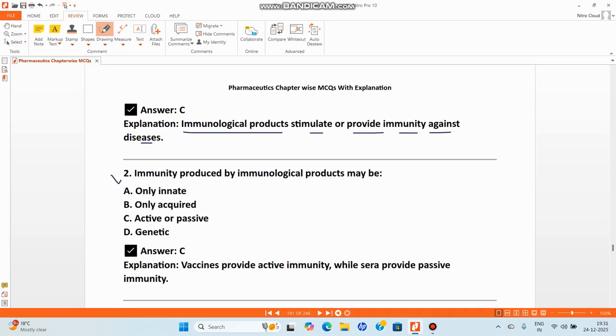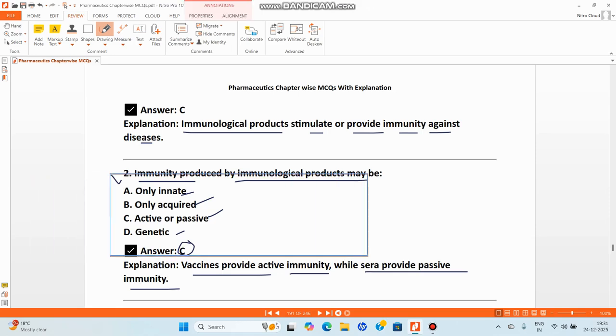Next, the immunity produced by immunological product may be only innate, only acquired, passive, or you can say genetic. So the answer will be C. Okay, why do we take vaccines? Vaccine provides active immunity while sera provides passive immunity. Okay, so the immunity produced by immunological product may be active, or you can say passive.